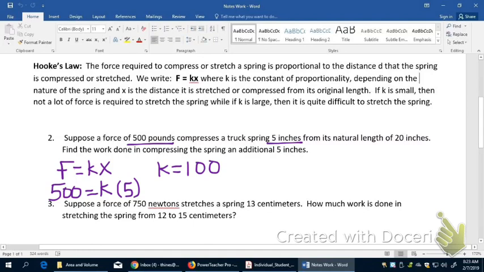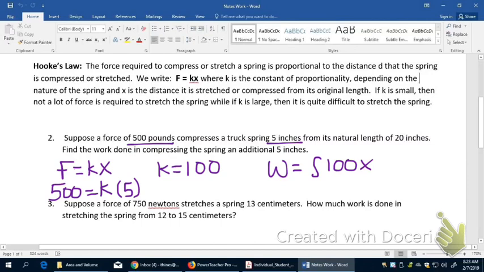All right. We're trying to find the work, though. So work is the integral of whatever the problem is talking about. If you'll look at the other 2 examples down below, there's different situations and different equations. It's always the integral of those equations. So it's the integral of kx, and we know that k is 100.